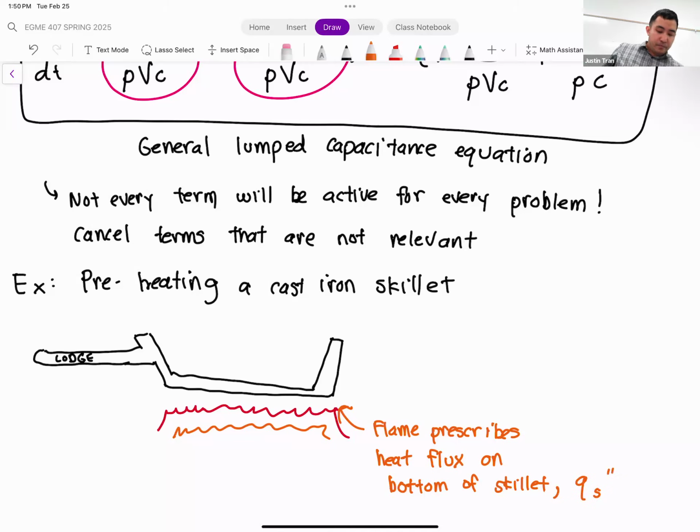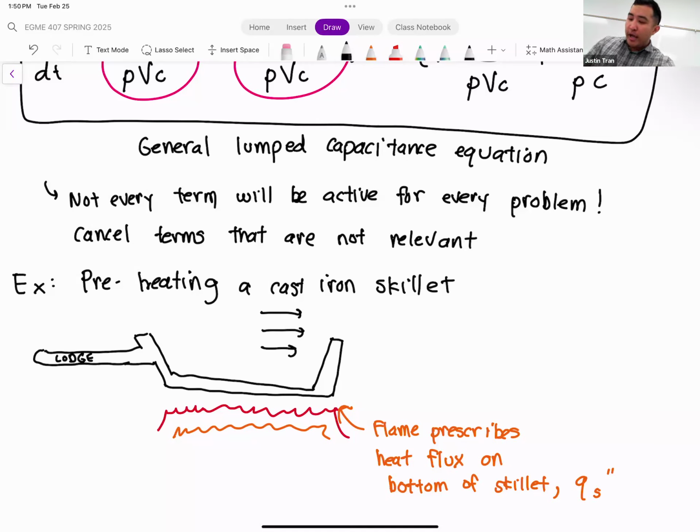Okay. And so at the same time that you're heating it, you also have airflow that's going over the top. Because typically, if you're going to cook something in a cast iron skillet, it's going to smoke to a certain degree, and so you need to turn on your hood fan in order to make sure your entire apartment or your entire kitchen doesn't get filled with smoke.